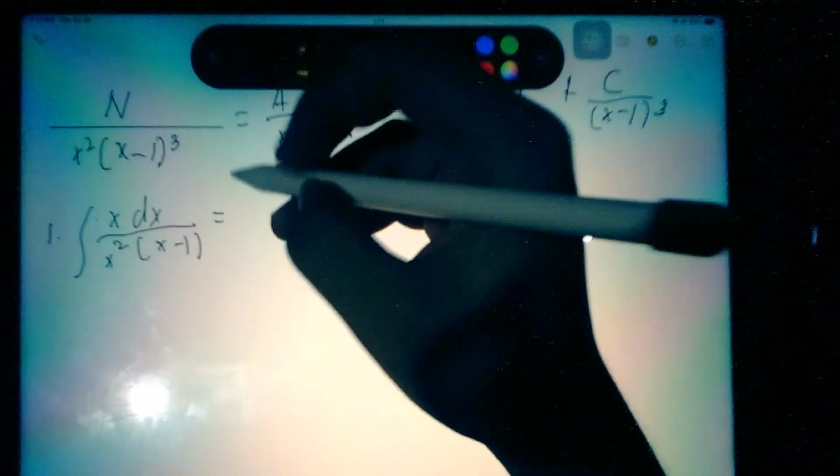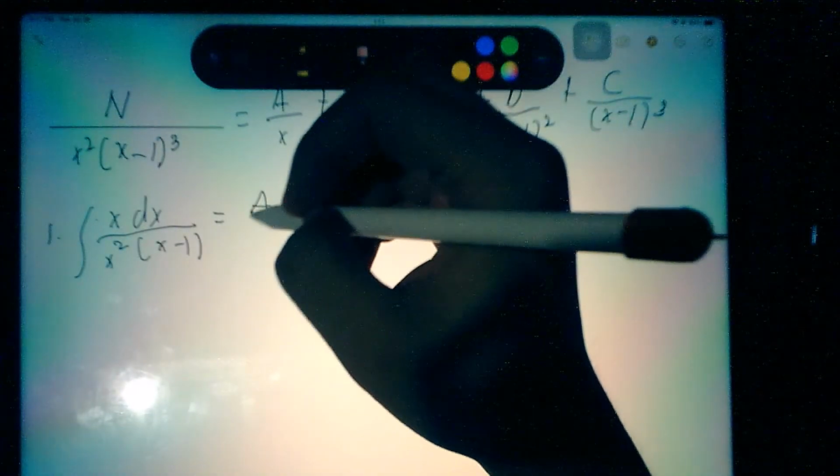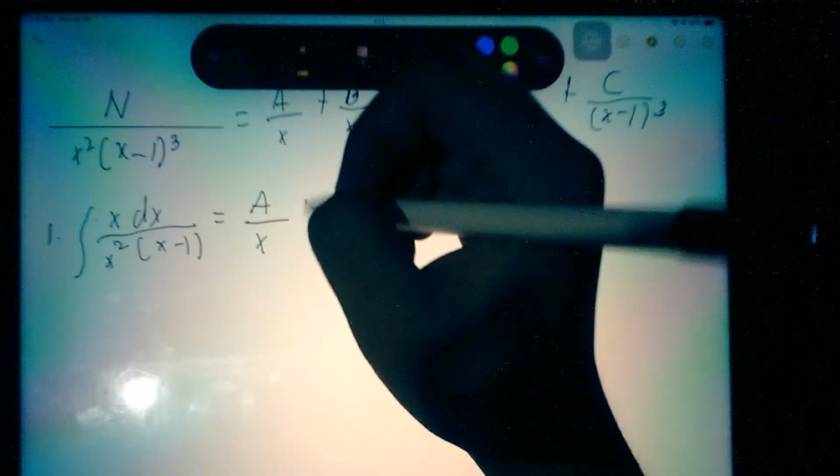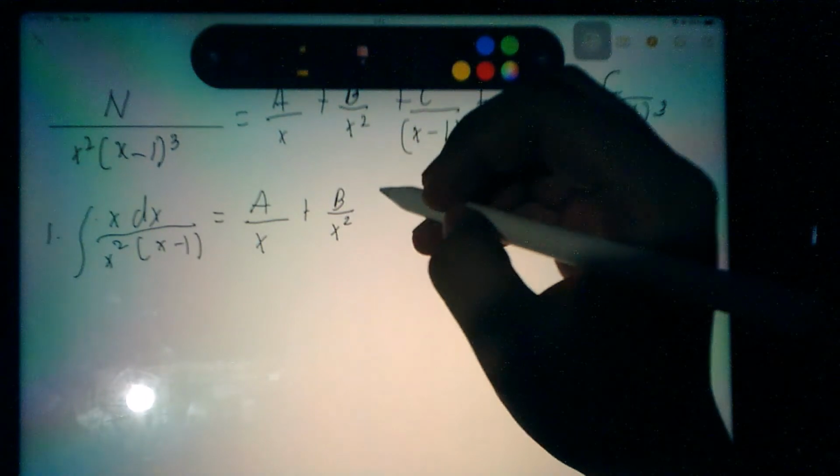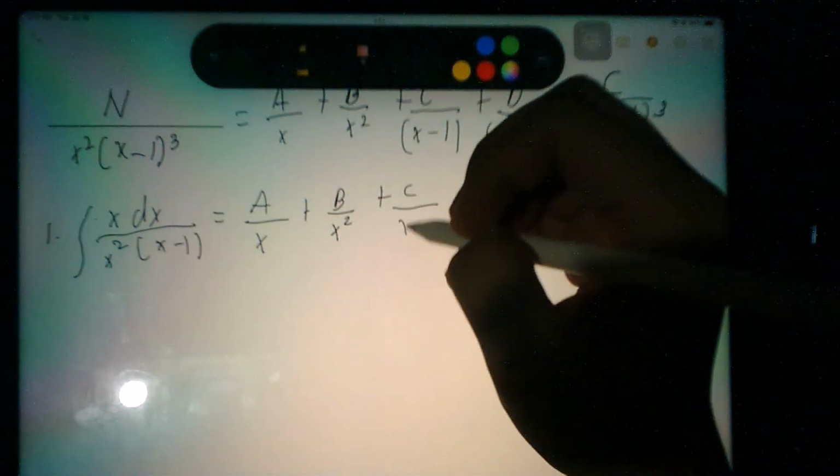Now a here will become x plus b over x squared plus c, which is x minus 1.